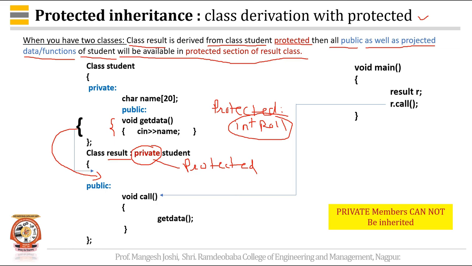Similar to private data, protected data cannot be accessed by external functions, and hence you have to call it indirectly. For that, I have added one function, call, similar to your previous example. You first call the function call, and through the call function you are calling this getData function, which is available in the protected region of your class.